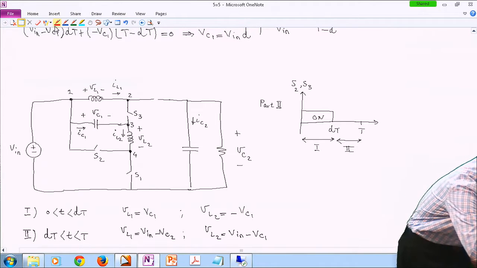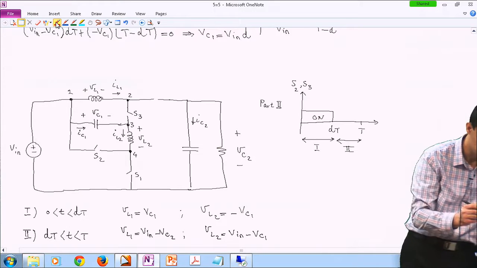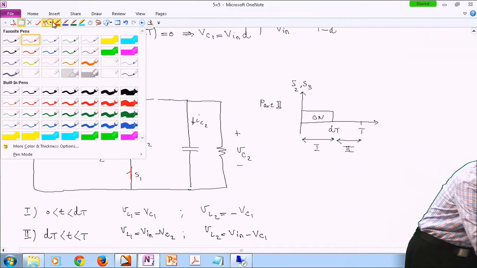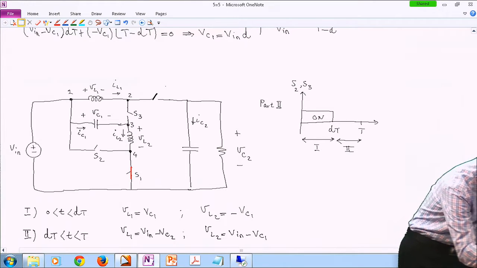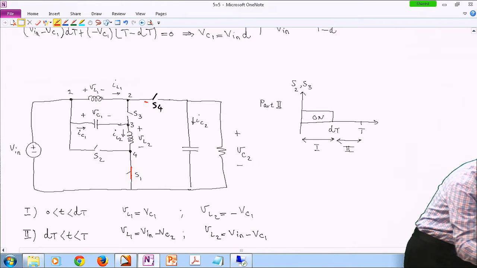Now why is that? S2 and S3 are off. That means S1 and S4 are on. And by the way, we had a switch over here which is missing. S4 is also on.